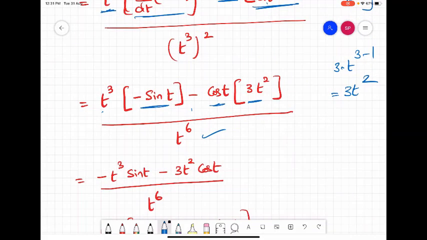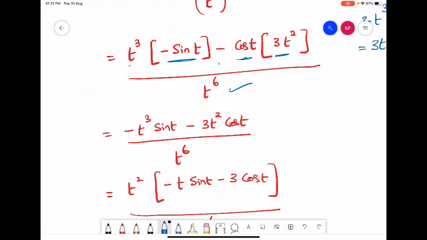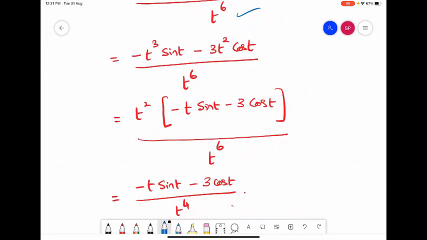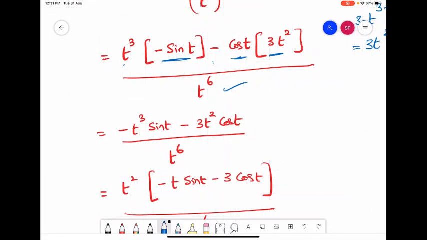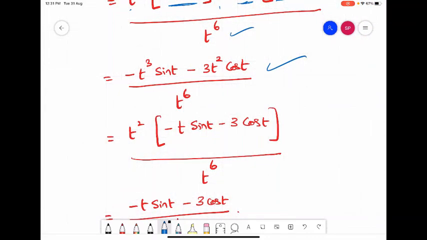So finally you have minus t cube sin t, since t cube into minus sin t gives minus t cube sin t, minus 3t square cos t by t to the power of 6. If you take t square common, you have minus t sin t minus 3 cos t by t power 6.